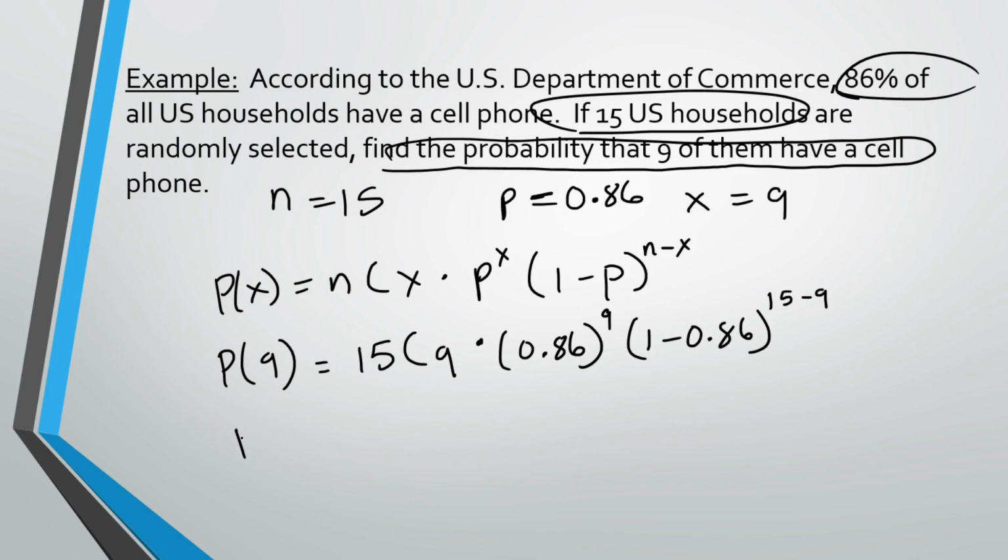And so we have P of 9 is equal to, I recommend using the statistics calculator for this, or your handheld calculator will work fine as well. We have 0.0097, so approximately 0.0097% chance.